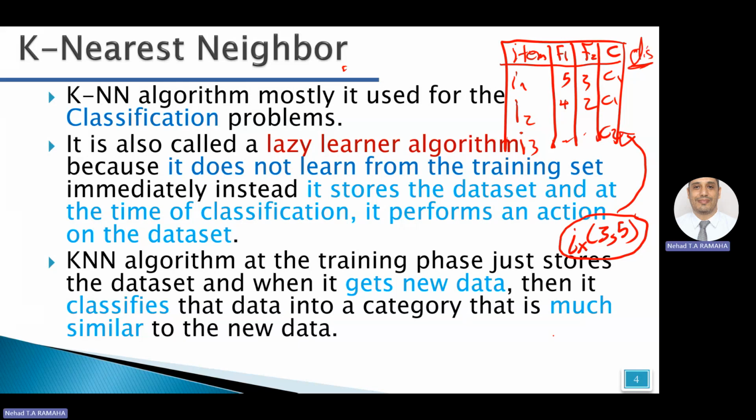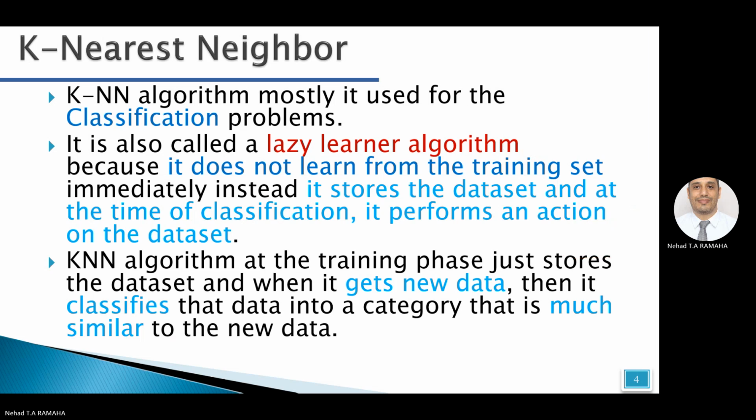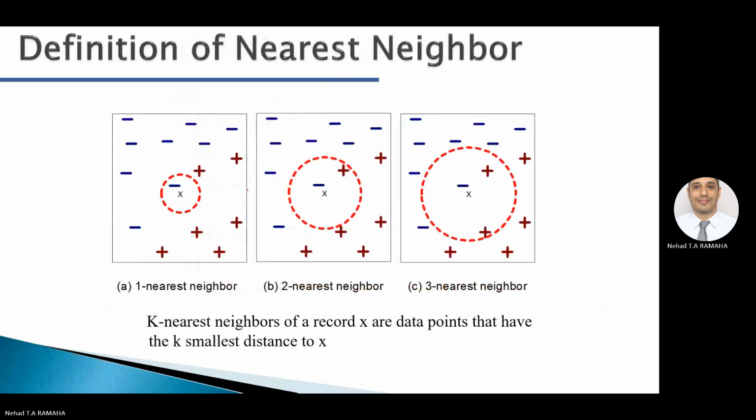If you have another item with 4 and 3, of course you will have a different distance. So every testing data will have a different distance. That's why every time you need to get the distance.